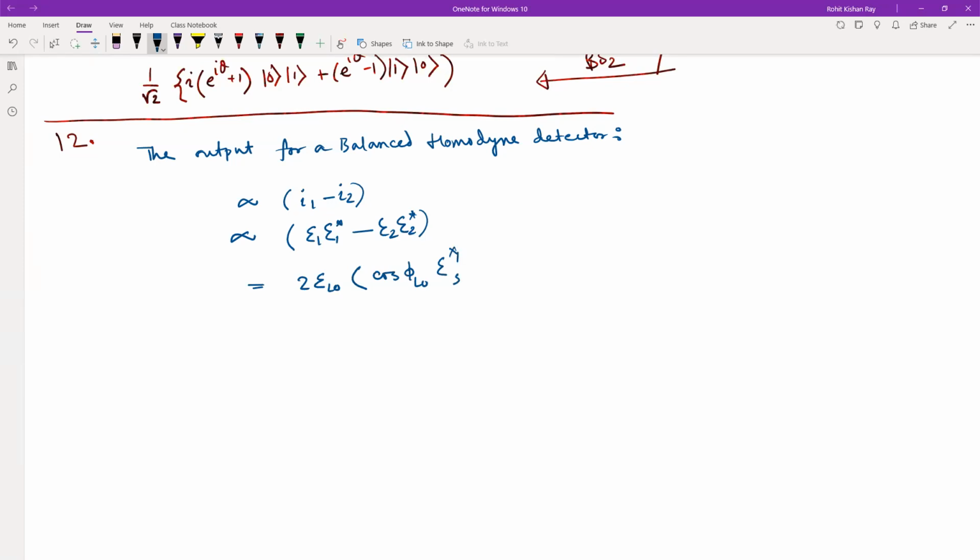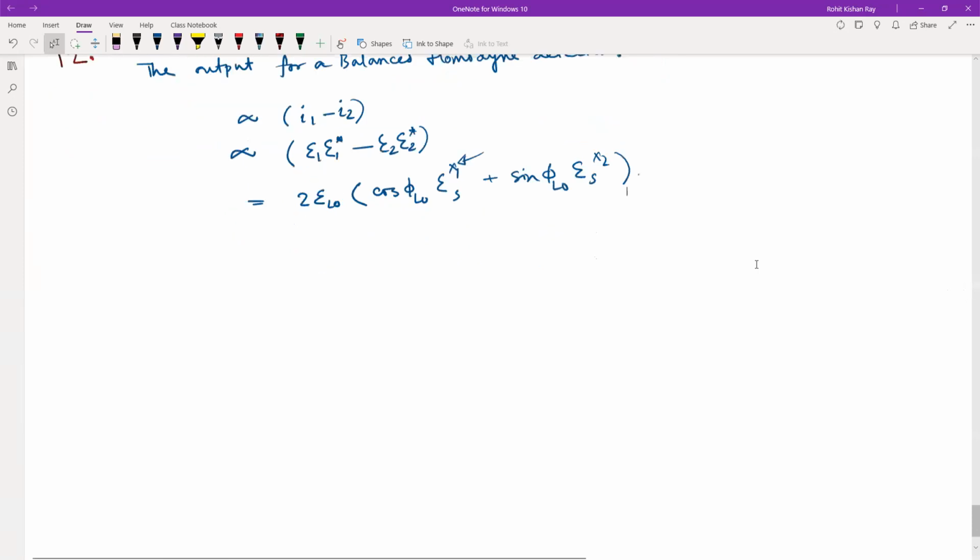Remember this x1 variable, that one which contains the phase information. So we can write it in a more compact form, using that definition for reference.